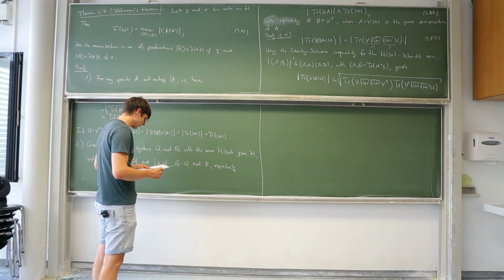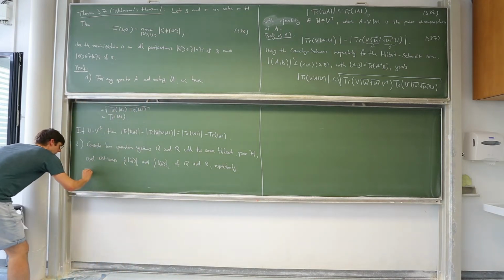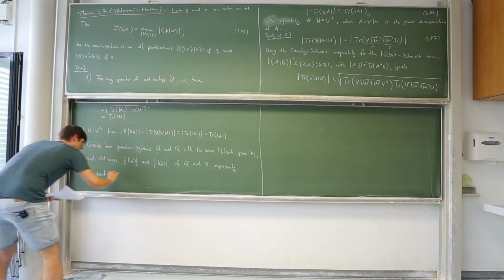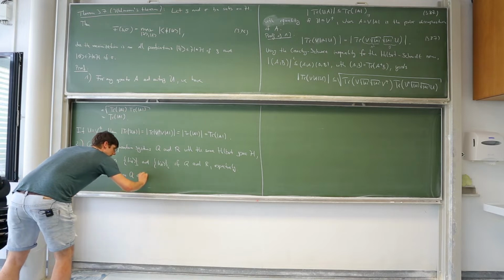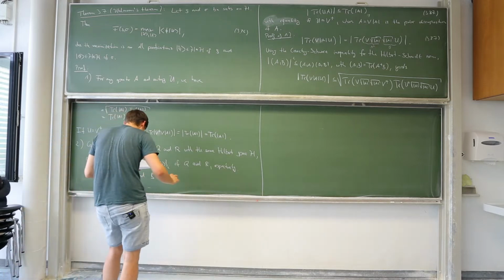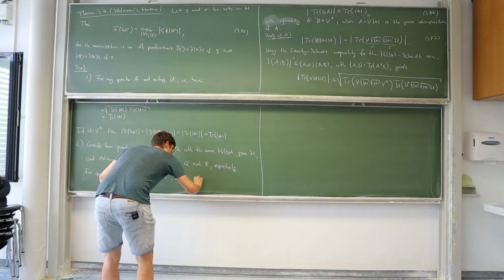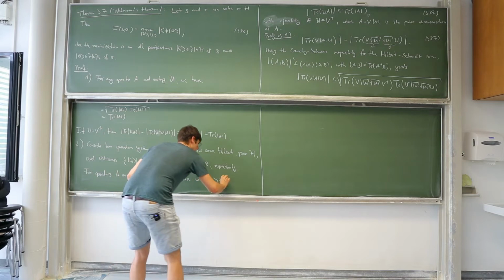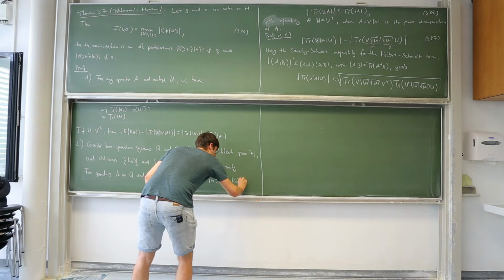And then for operators A on Q and B on R, we have, with the maximally entangled state, let's call this M, equal to the sum over all I_Q, I_R.